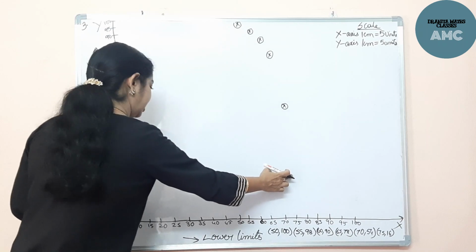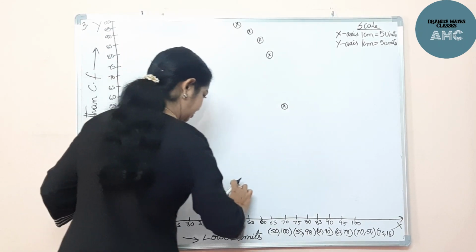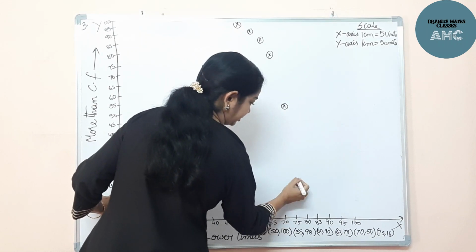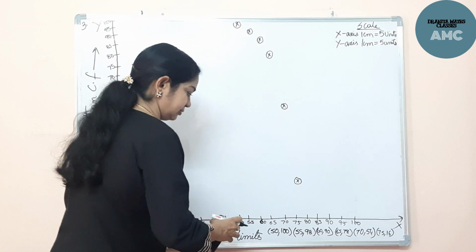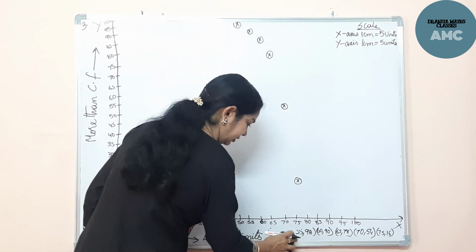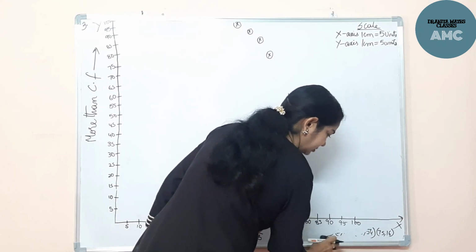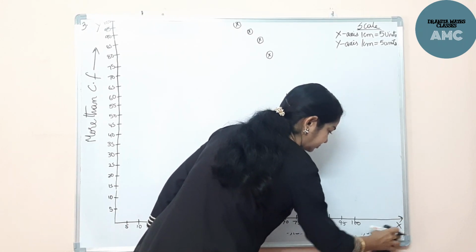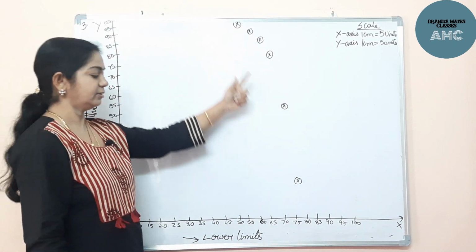So 15 is here, just above 15, 16 you get it here. This is the point. Don't write these points, I have written them only to plot. So our x-axis is the lower limits. Now these are the points.